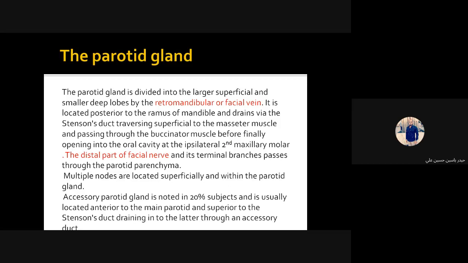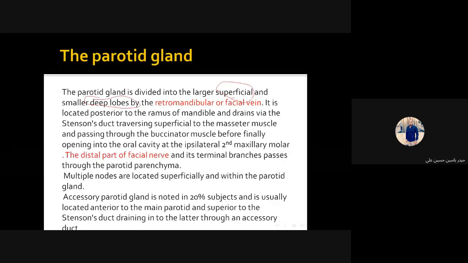The parotid gland is divided into a superficial part and a smaller deep lobe, which is located behind the ramus of the mandible. Between them, the facial vein is represented, located posterior to the ramus of the mandible.